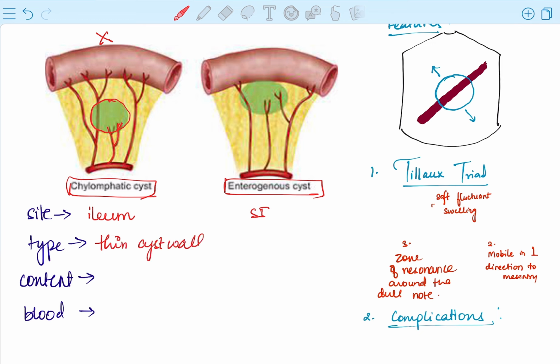And this cyst is a part of the bowel, so the cyst wall is very thick. The content of the chyle-lymphatic cyst obviously is chyle or the lymphatics. And in the enterogenous cyst, the content is the same as that of the bowel, and it consists of all 3 layers of the bowel.